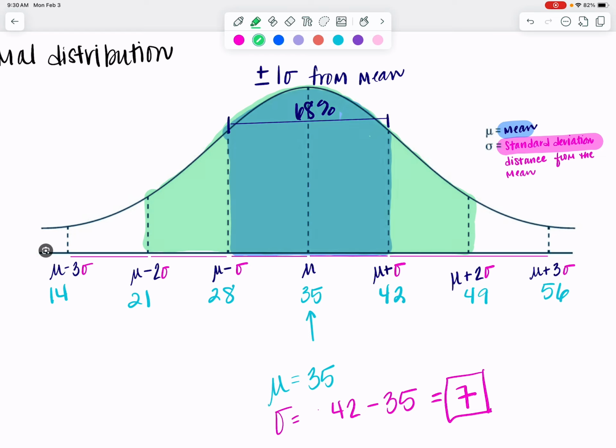I know it bothers me too, but not enough to fix it. It says if we add another standard deviation, so if we go and cover all of this green section, we are covering 95% of our data. So 95% of the data is going to be in our made-up set between 21 and 49, no matter what.